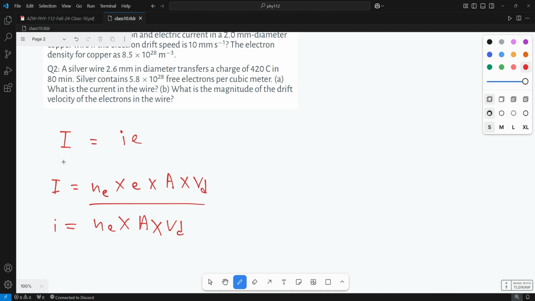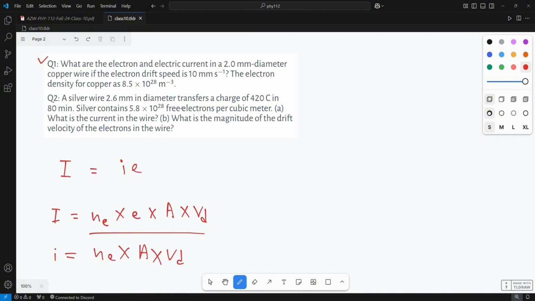So basically we can find out I and then divide I by the charge of an electron to get the electron current. So here we are given the diameter, so we can convert this diameter into radius or use it directly to find the area of cross section. And I will not be doing the maths, I will be just showing the steps. You guys can solve it.